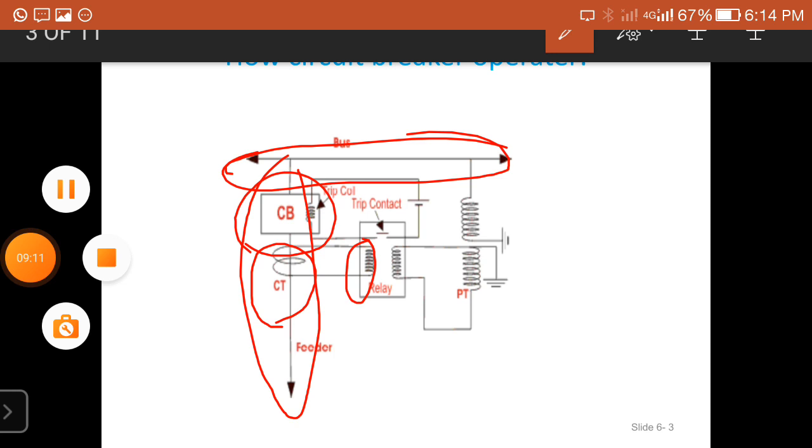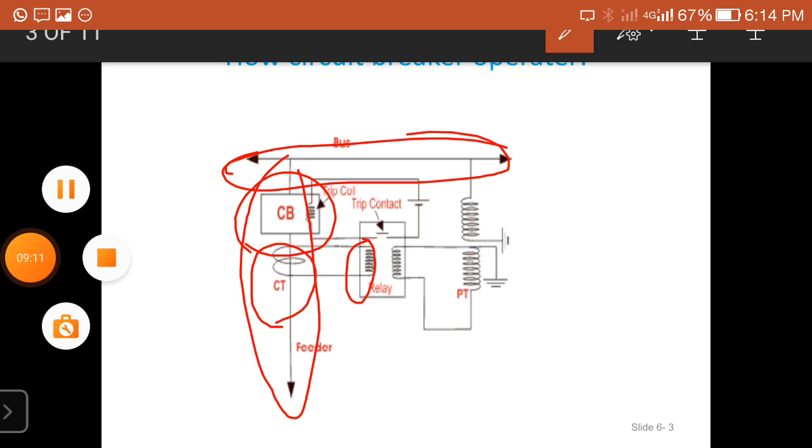If any fault occurs, the moving contact is moved away from the fixed contact by using this bimetallic strip under faulted condition.